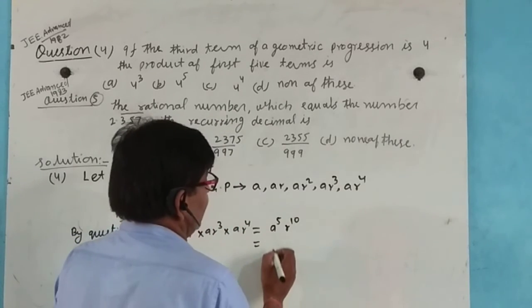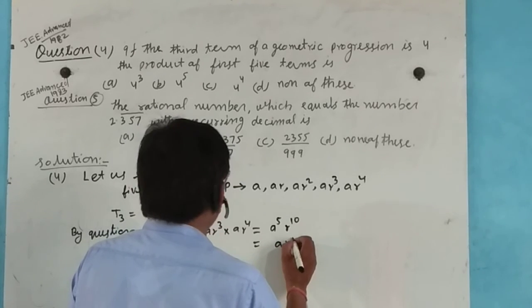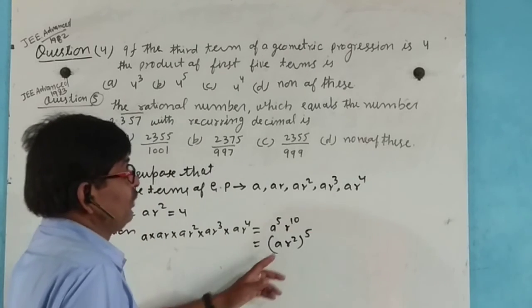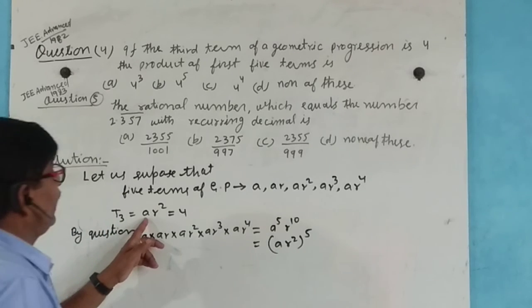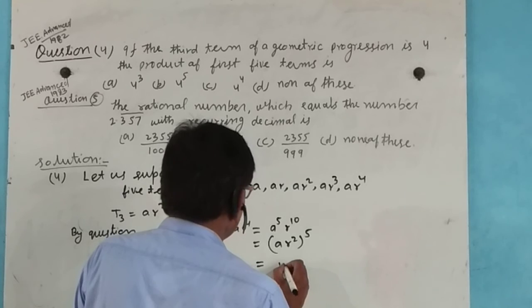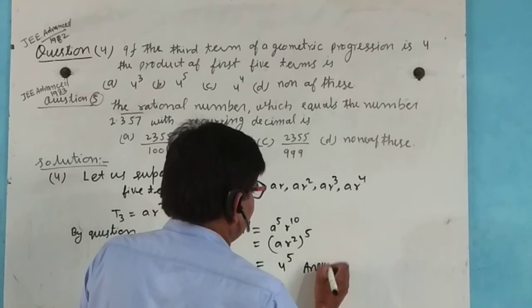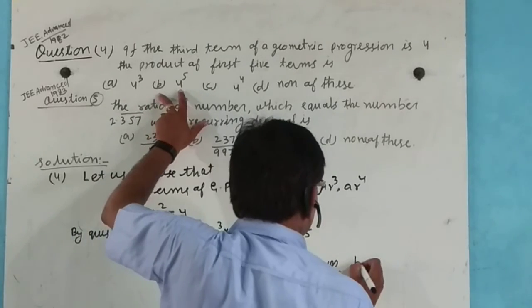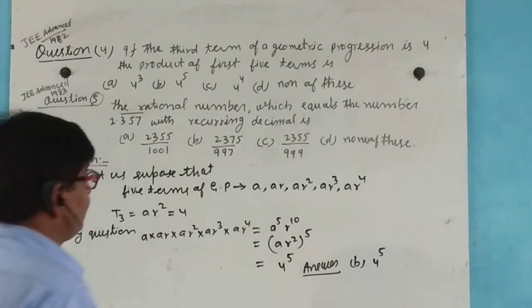This can be written as ar square to the power 5 because a to the power 5 and r to the power 10 and ar square, the third term is 4, so that put this 4 to the power 5. Now answer will be what? 4 to the power 5. It means that B is correct answer, 4 to the power 5.